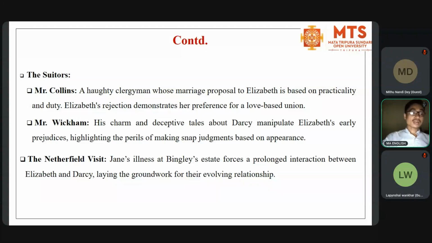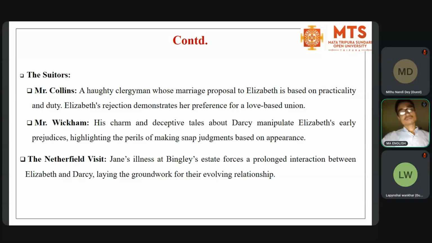Okay. Then comes Mr. Wickham, the villain in the novel. What he does is he comes and tells a lie to Elizabeth. Elizabeth was already hating Mr. Darcy.